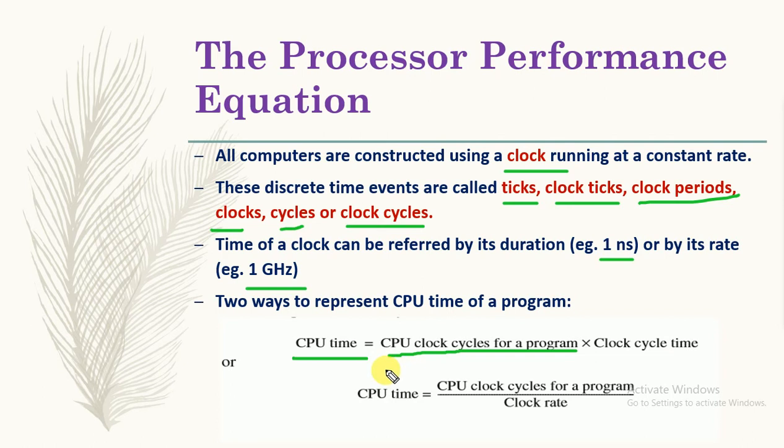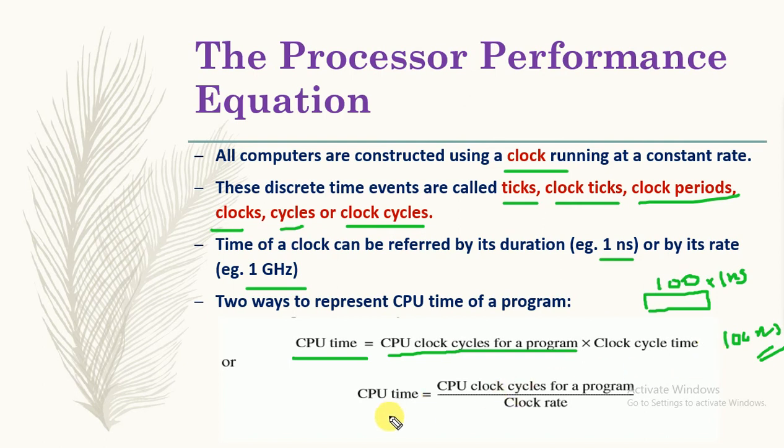For example, one program is executing within the CPU, and that program takes 100 clock cycles, times a clock cycle time of 1 nanosecond. So 100 times 1, and CPU time will be 100 nanoseconds. CPU time can be evaluated by using this formula.